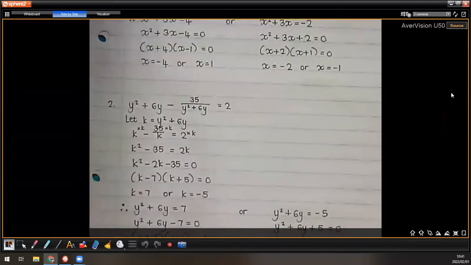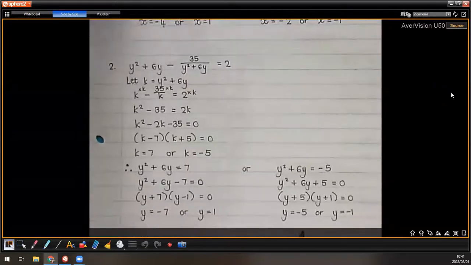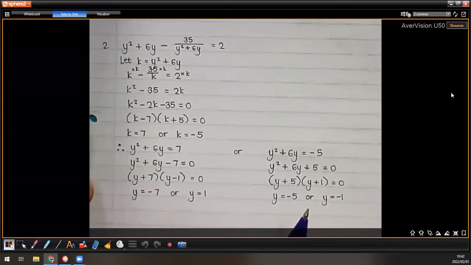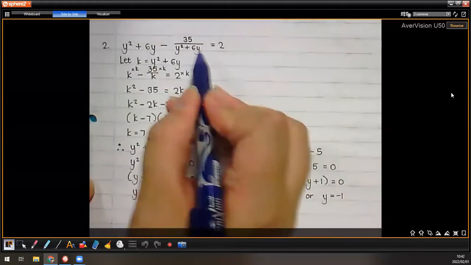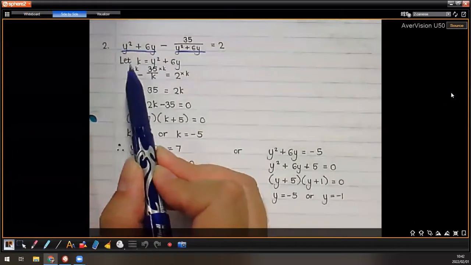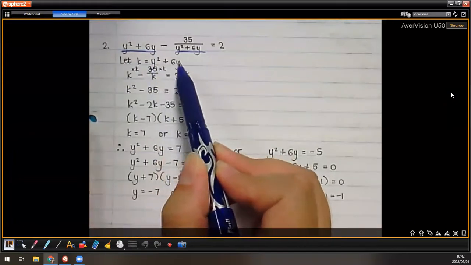So we're looking at the second one. This one is now one that we didn't do an example on, so it's fine if you struggle with this one. There's also an equation with fractions, so it was a bit more complicated. So here we have this repeated expression, y squared plus 6y, which we are going to make equal to k. So we're going to say let k be equal to y squared plus 6y.